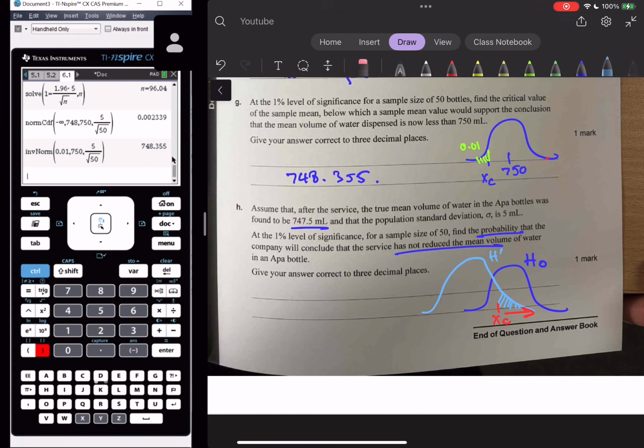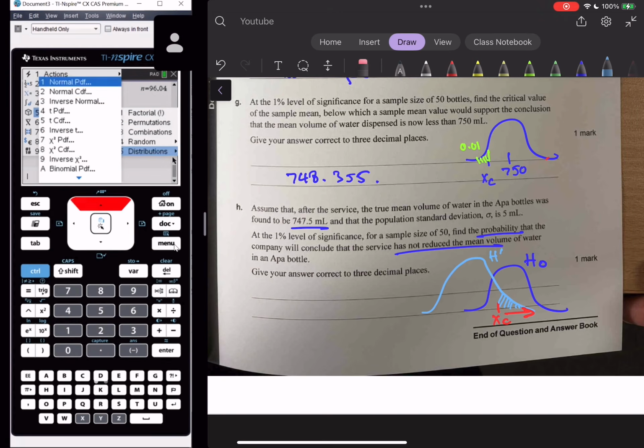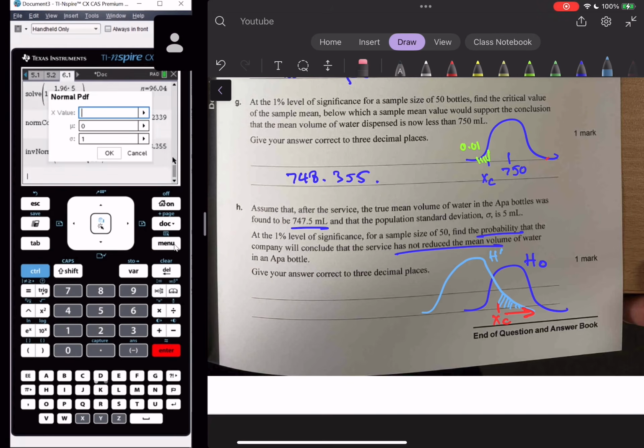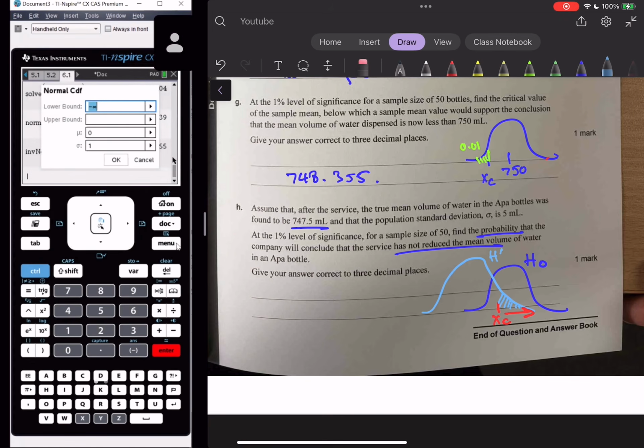We're going to go to probability, distributions, normal CDF. The lower bound is now that x critical value, which we found was 748.355. The upper bound is now infinity. Let's make sure we spell it correctly this time.